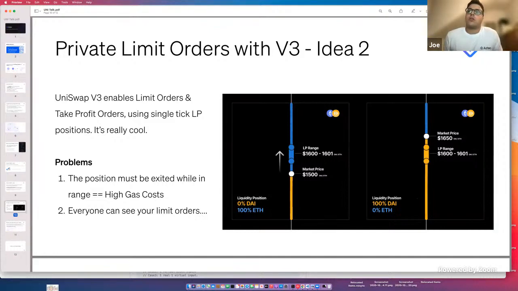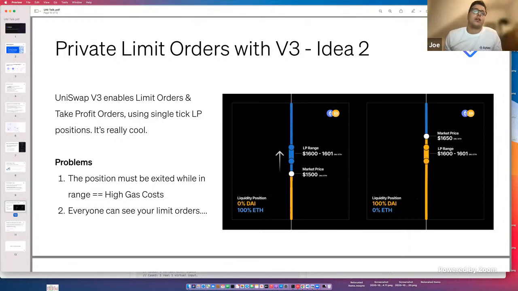So Uniswap v3 enables two types of limit orders, which are expressed as single tick LP positions. So you can have an order where you're taking profit. You've got ETH and you want DAI, and you want that to happen above the current price range. So let's say the price is at 1,500 and you want to sell when it gets to 1,700, you can provide out liquidity for that range, and you can end up with DAI.